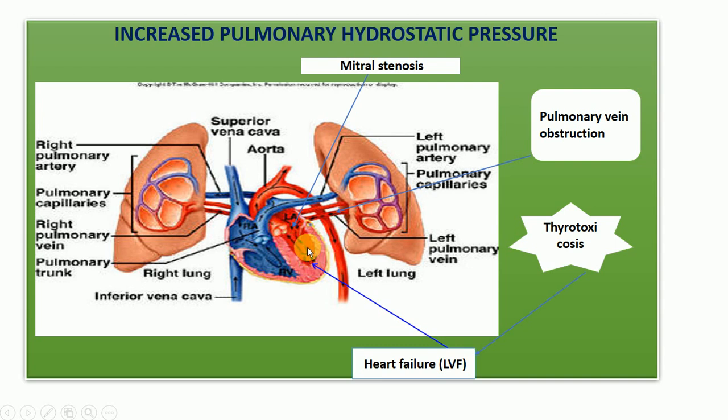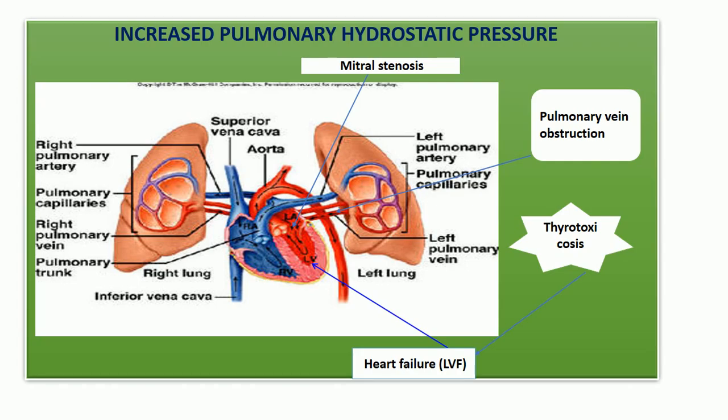Therefore, fluid will accumulate in these vessels. The accumulation of fluid in these vessels will, at the end of the day, force fluid out to the interstitial part of the lung after there is a building up of high pulmonary hydrostatic pressure.